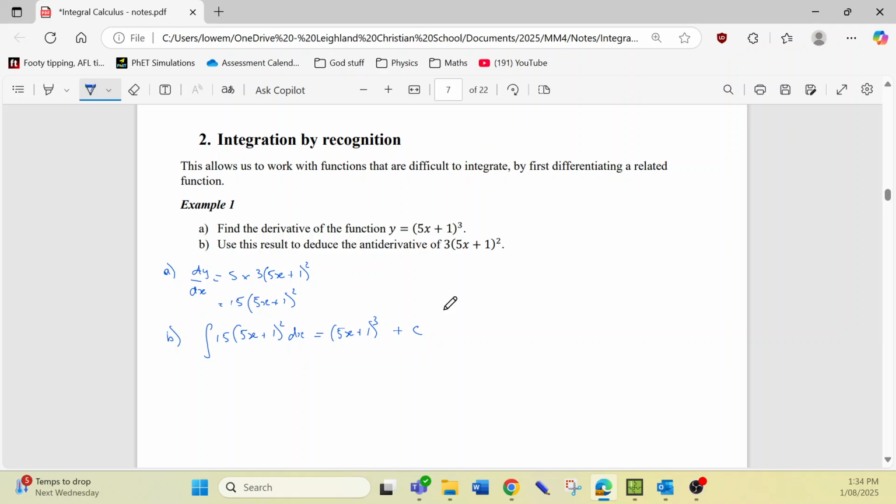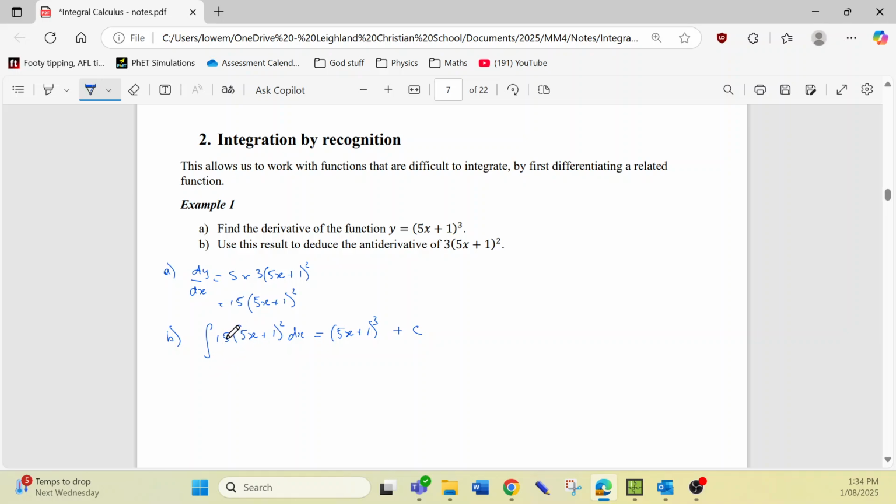We know that to be true because we differentiated first and then we've just gone backwards to get the antiderivative of that function, which takes us back to the original. However, we're wanting the antiderivative of 3(5x + 1)^2, not 15(5x + 1)^2.